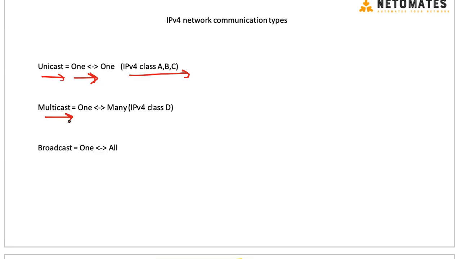For multicast, it will use the class D IP address space only. So you don't use class A, B, C for the purpose of multicasting. And for broadcast, we will see how it looks in the next classes, but generally we can say it's not associated with any IP.